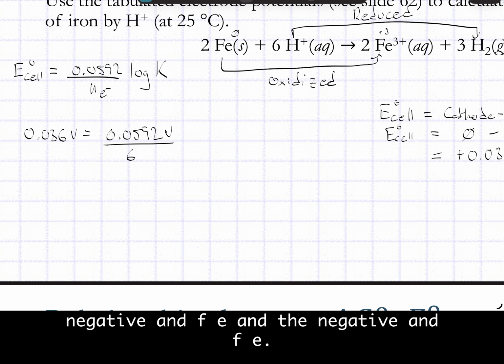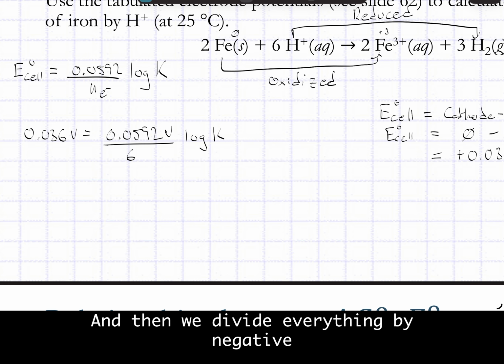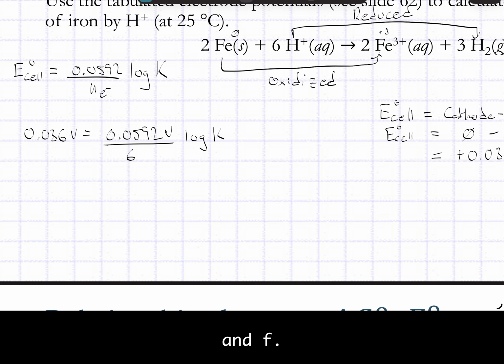So negative nFE equals negative nFE standard plus RT ln Q, and then we divide everything by negative nF. And I get E cell is equal to E cell standard minus RT over nF natural log of Q.